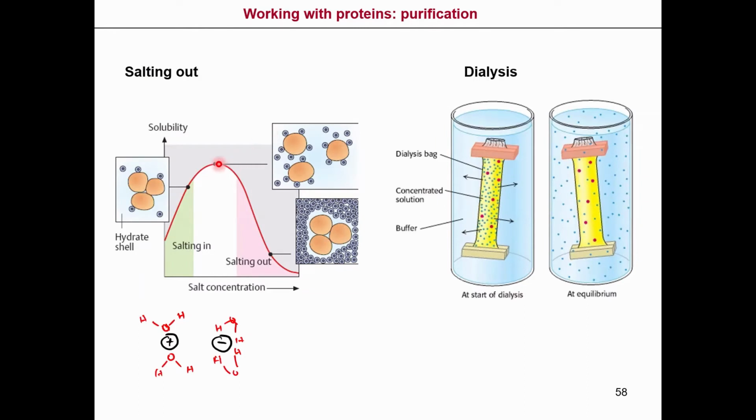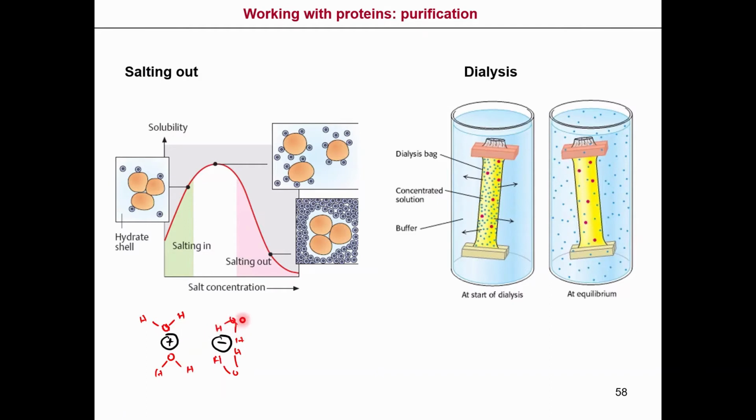Okay, so, sorry, I forgot to tell you, it's the solubility of your protein against the salt concentration. When you increase the salt concentration, indeed, it should be a very high concentration, around 1 molar. Okay, what happened? All the cations and anions need to be surrounded by water molecules.